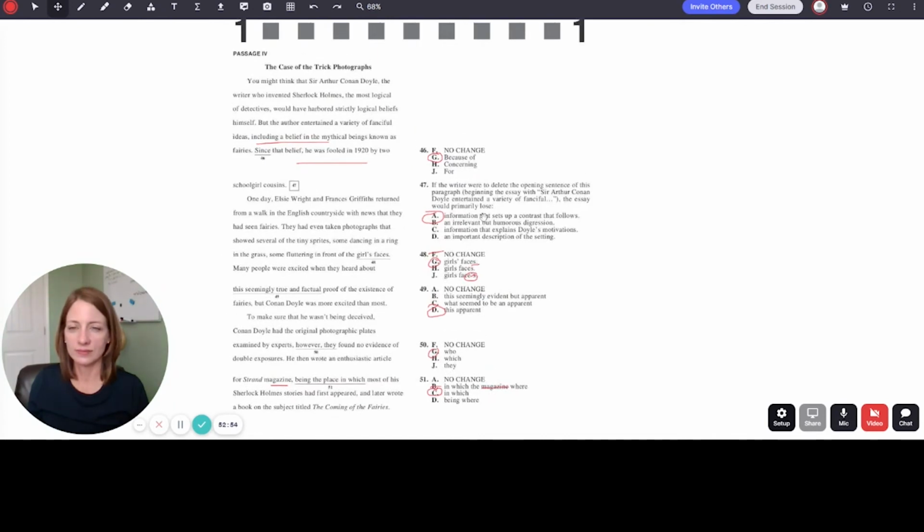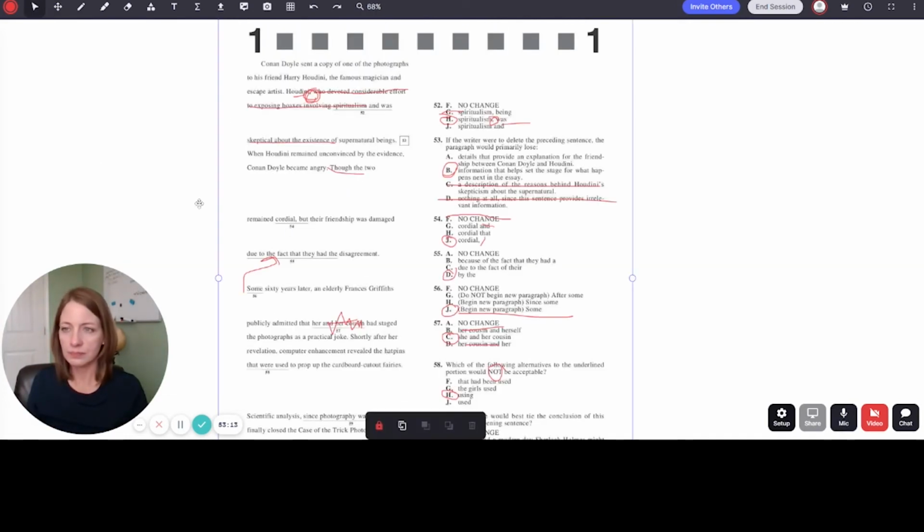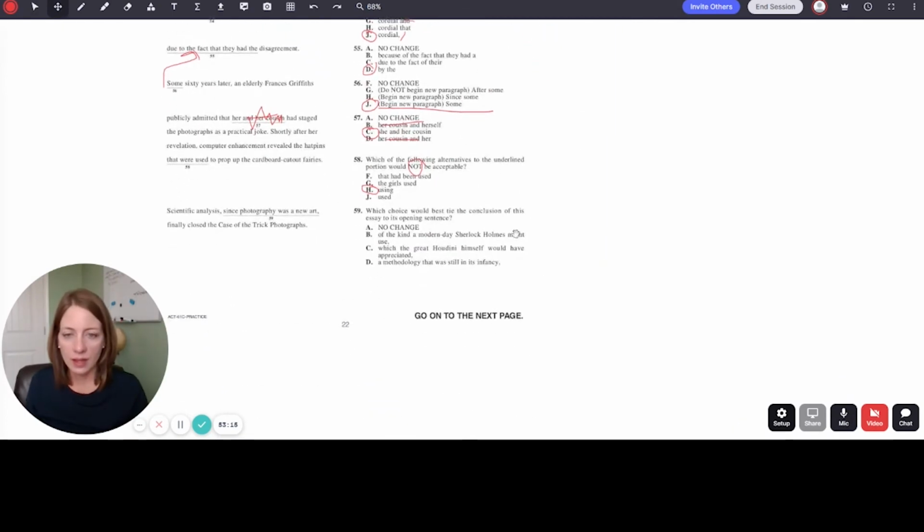You might think, okay, he's talking about the whole Sherlock Holmes thing and being a detective and being logical. So if we're doing a little bookend thing, we would go back to Sherlock Holmes and play into that logic maybe.